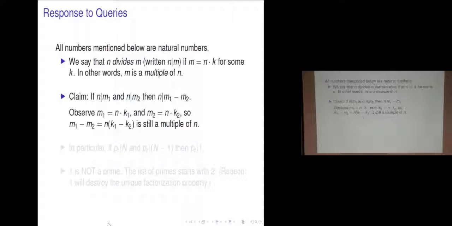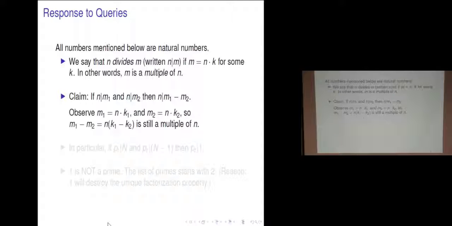The meaning of n divides m1 is that m1 is a multiple of n, so you can write m1 as n times some k1. And n divides m2 means m2 is a multiple of n, so for some k2, m2 is n times k2. I should have added, for some k1, k2.